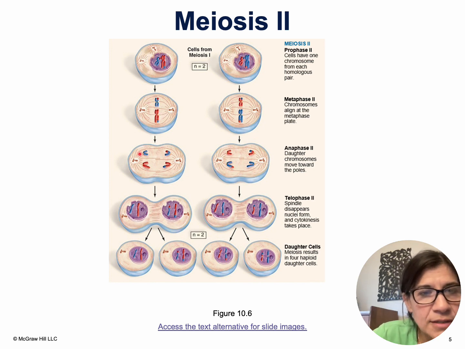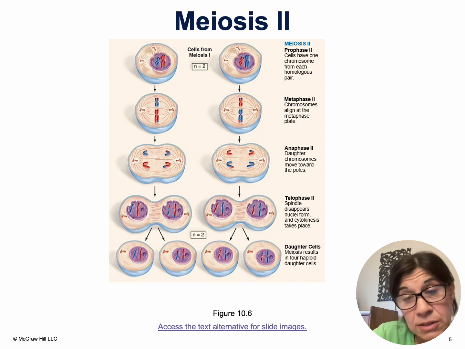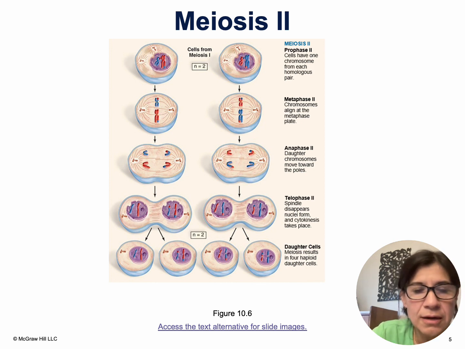So anaphase, the sister chromatids separate in each of the cells. Telophase, they reach the poles. The nuclear envelope starts to reform. The chromosomes start to unravel back into chromatin, right? And cytokinesis is starting. And by the end, you have 1, 2, 3, 4 daughter cells, each with 23, in humans, non-duplicated chromosomes.